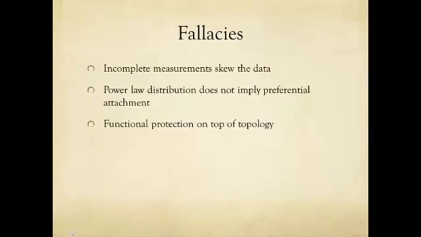In short, there are three fallacies in this Achilles heel issue. First, the measurement is actually incomplete, and that skews the data. We actually don't know if the node degree distribution is indeed Pareto. Second, even if it is, a power law distribution does not imply preferential attachment and therefore does not imply Achilles heel necessarily.